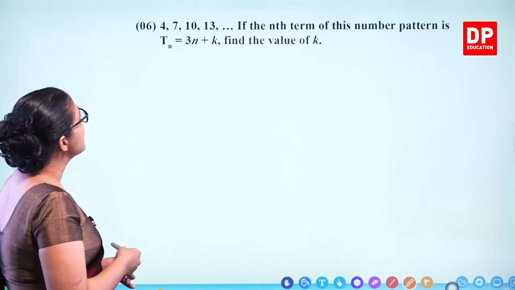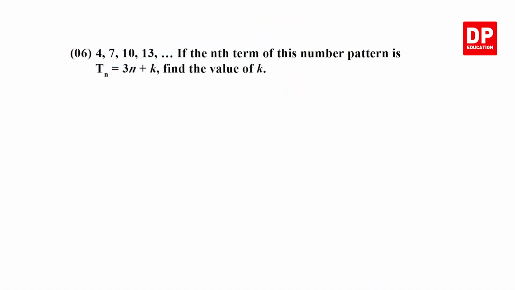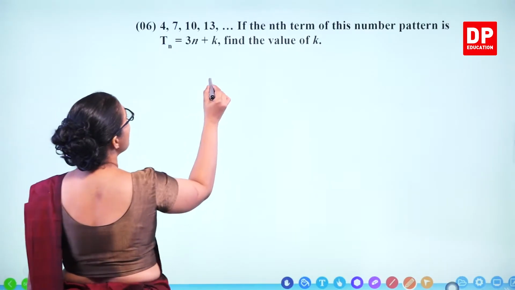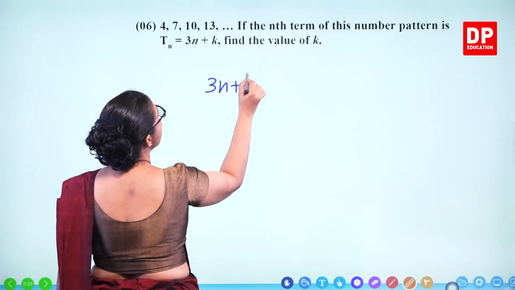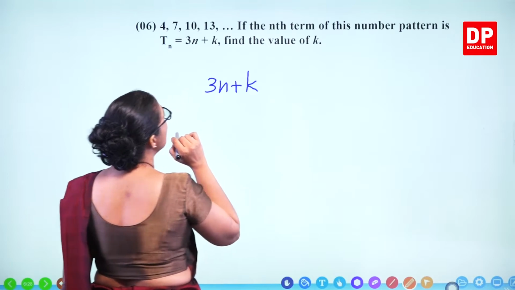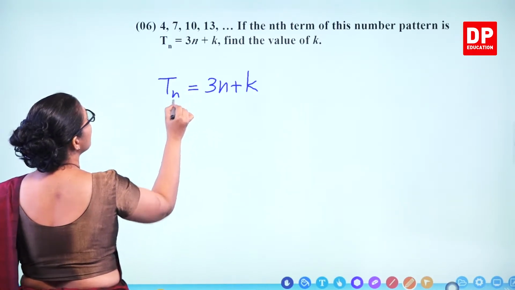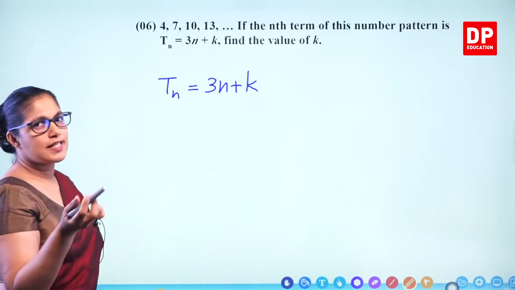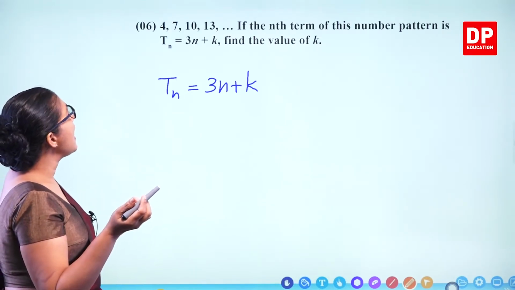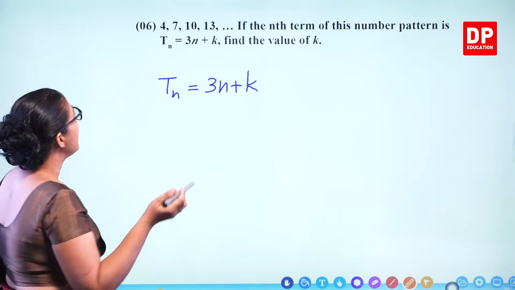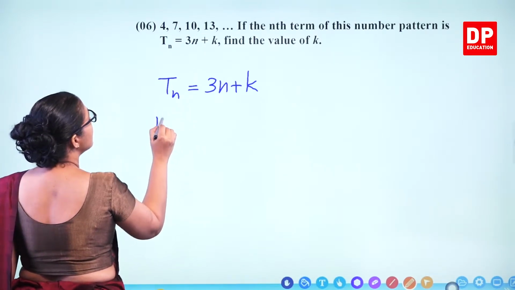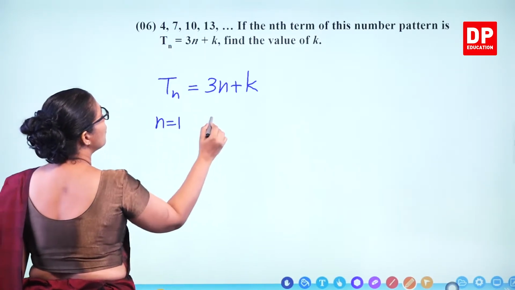Question number 6. 4, 7, 10, 13. If the nth term of this number pattern is 3n plus k, find the value of k. Now we'll take the first term. That means n equals 1, and you get 4.